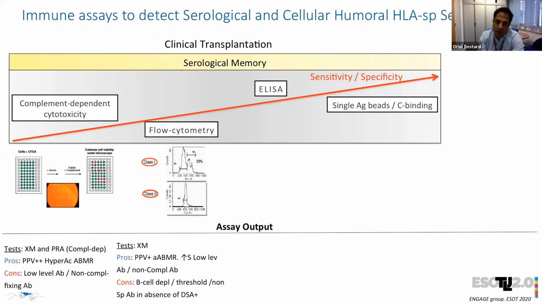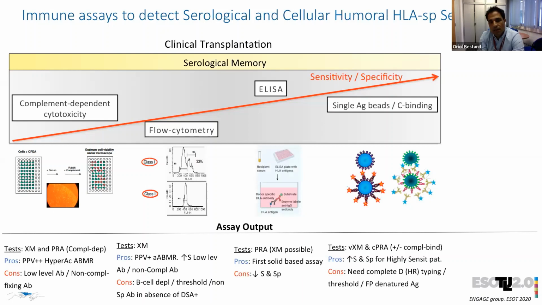It has the capacity of detecting not only complement-binding donor-specific antibodies, but also low-level and non-complement-binding antibodies. And then we have those based on solid phase assays, the ELISA, and the most well-known, which is used worldwide, the single antigen beads, which is mainly useful for having a virtual cross-match and is extremely useful for the highly sensitized patient.